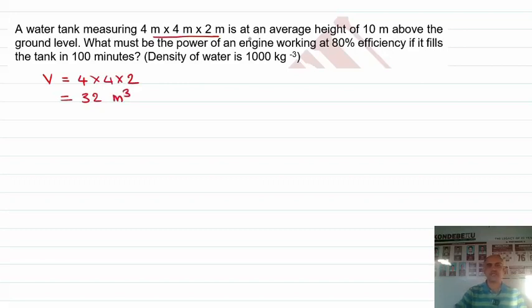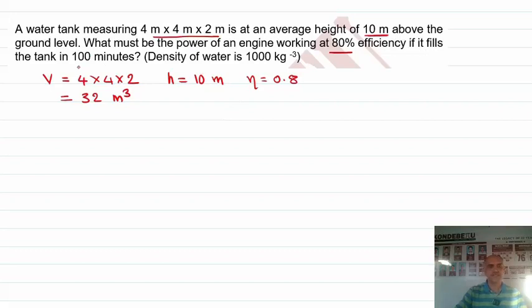It is at an average height of 10 meters, so height he has given 10 meters, above the ground level. What must be the power of an engine working at 80% efficiency? So efficiency is given as 80%, means 0.8.